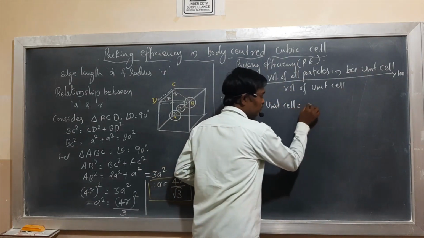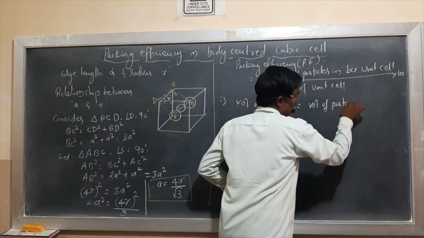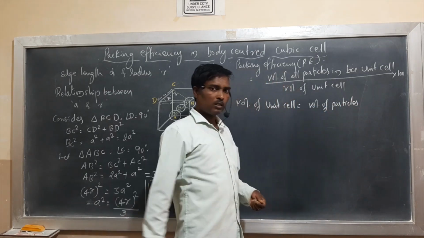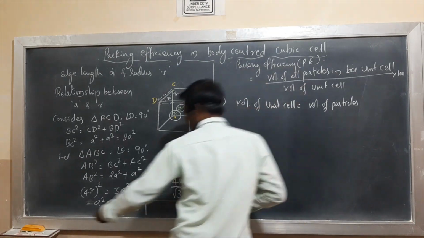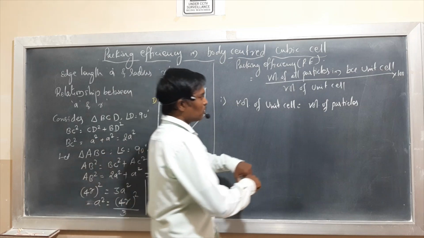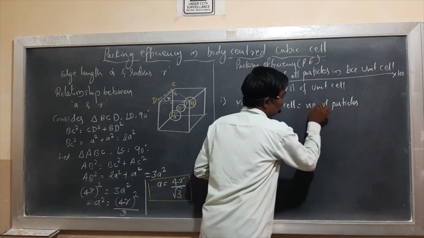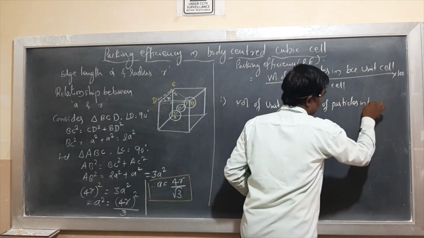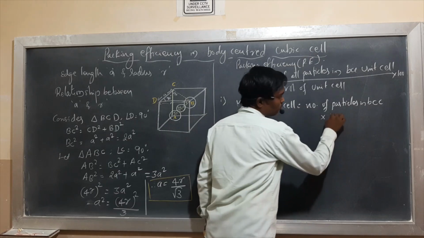Here the unit cell is a BCC unit cell, therefore it is the total number of particles in BCC multiplied by the volume of each sphere.